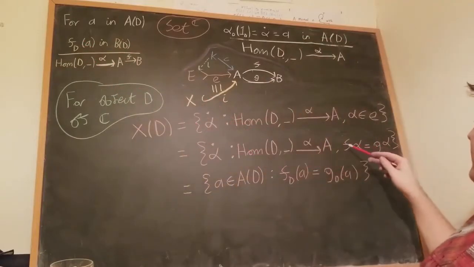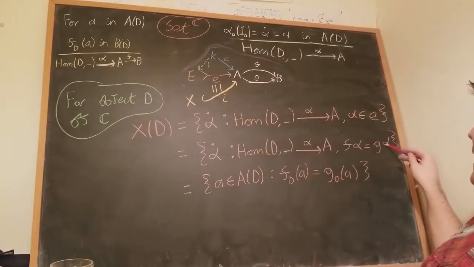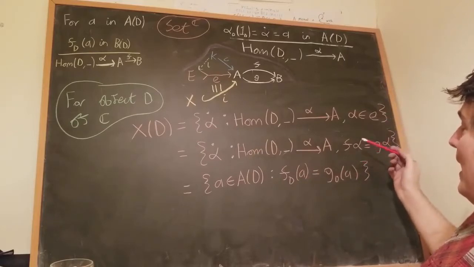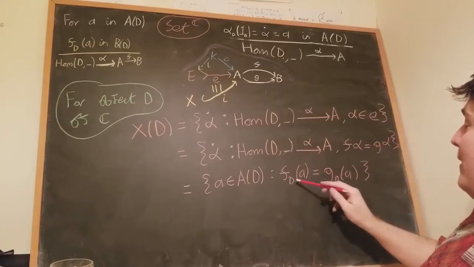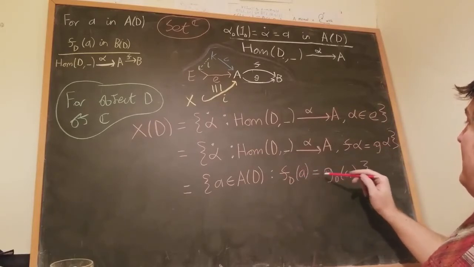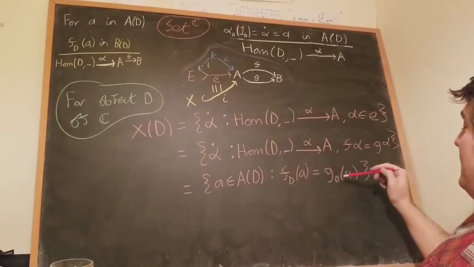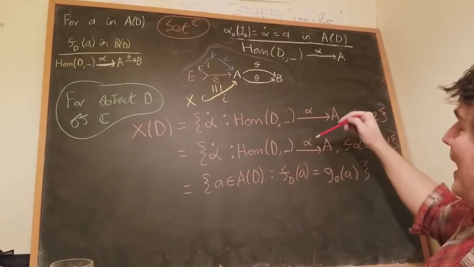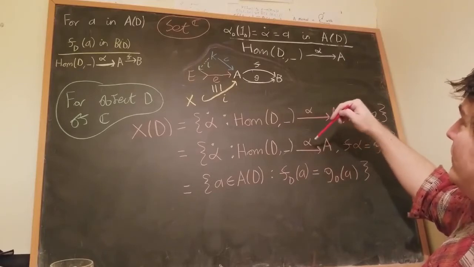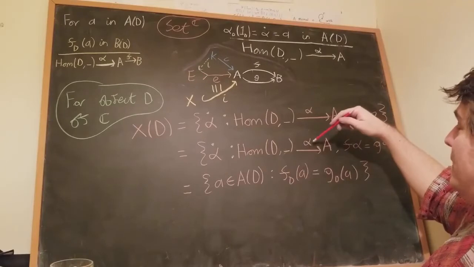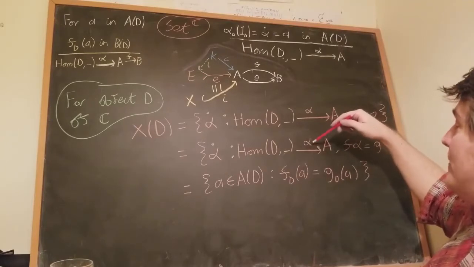Then f after alpha equals g after alpha, translated back to element speak, just says the dth component of f operating on little a equals the dth component of g operating on little a, where little a is the element of A of d which corresponds to this alpha.